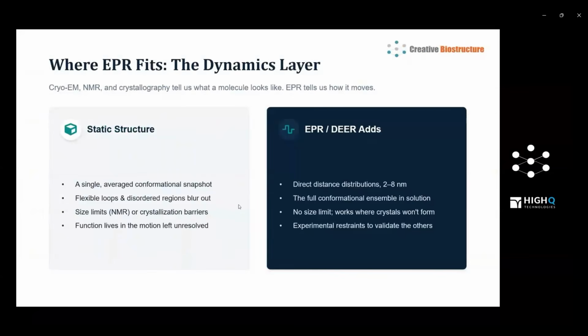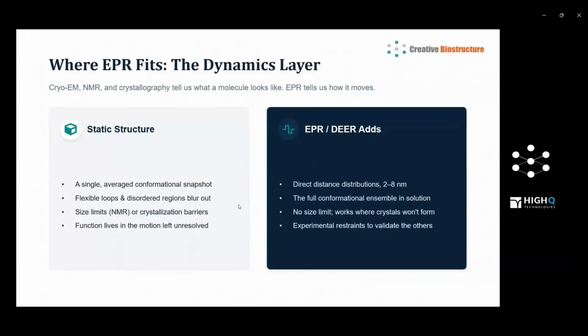So let me be concrete about what FATHOM EPR brings to our service portfolio. Cryo-EM, NMR, and crystallography tell you what a molecule looks like. EPR tells you how it moves. On the left, a static structure is one average snapshot, and function often depends on exactly the motion that gets averaged away in many cases.